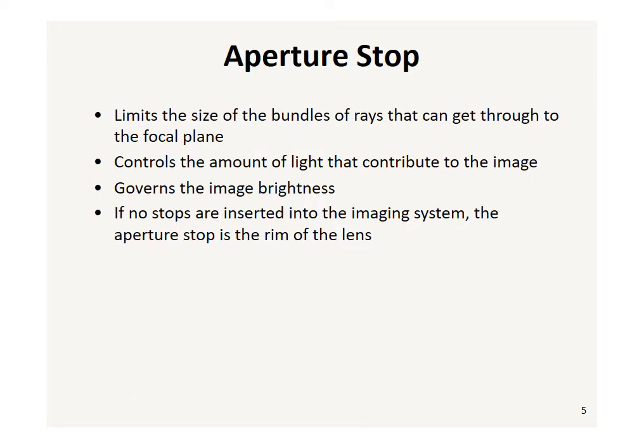So as we've seen, the aperture stop limits the size of the bundles of rays that can get through to the focal plane, and therefore controls the amount of light and the brightness in the image. And if there are no additional diaphragms inserted into the imaging system, the rim of the lens forms the aperture stop.